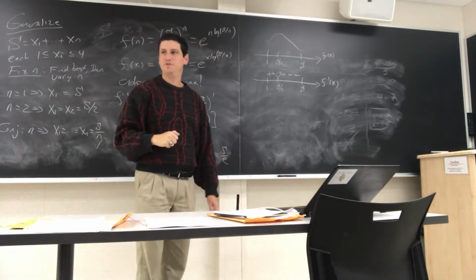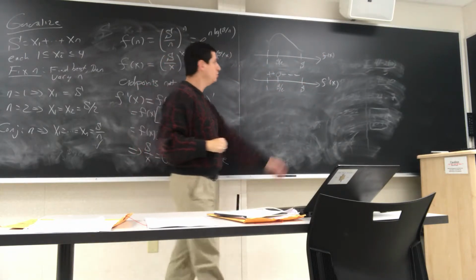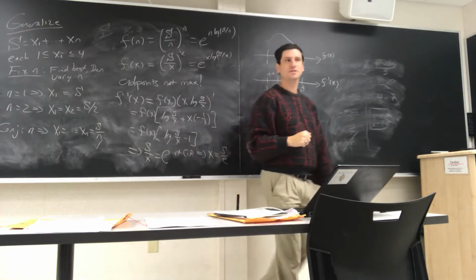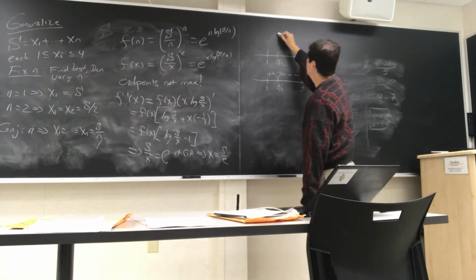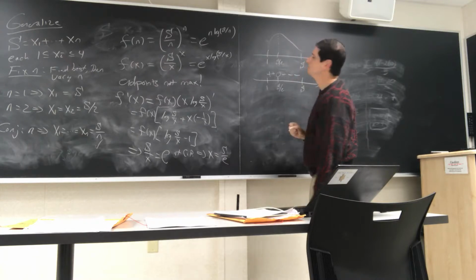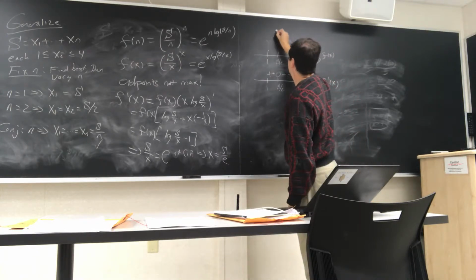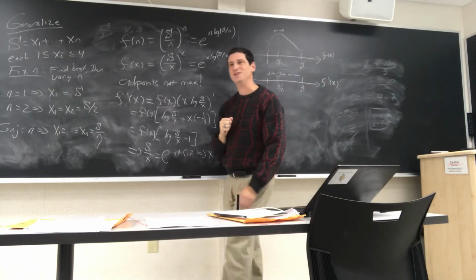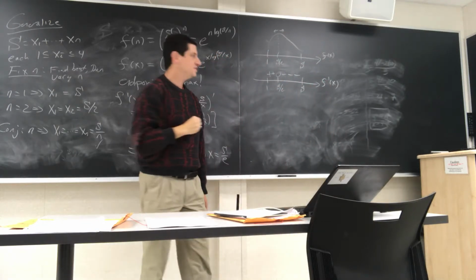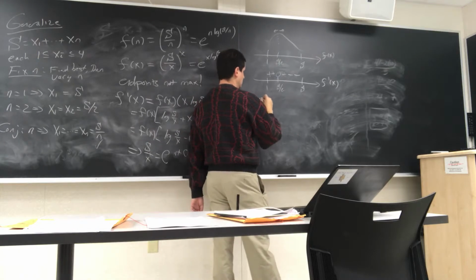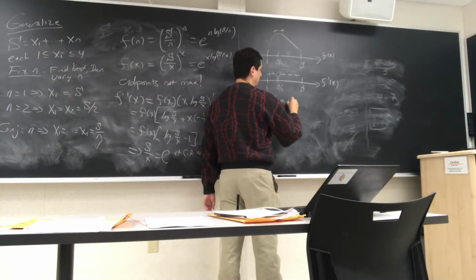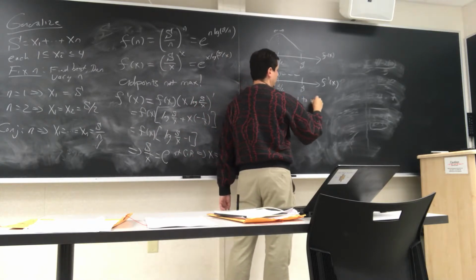I don't care about inflection points or anything like that, but I know the function has to look like this. Well, if the function looks like this, and this is the real maximum, then for the integer maximum, I just have to check the 2 points immediately to the left and the right. And this allows us to pass from real to integer max.